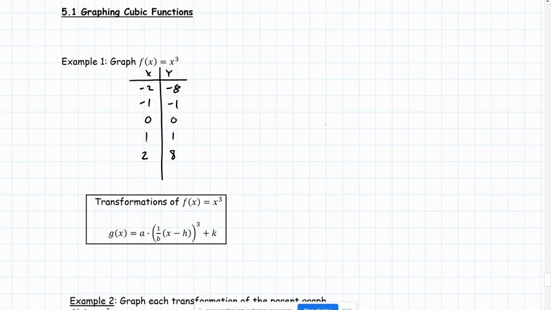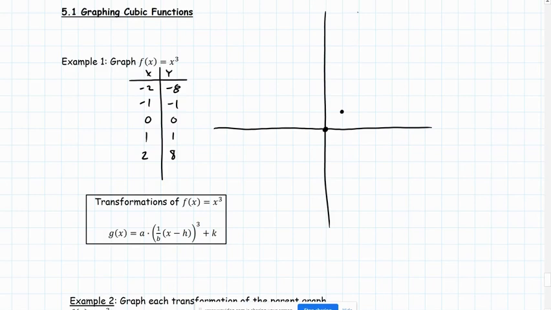And so our graph is going to go through 0, 0, 1, 1, 2, 8, and -1, -1, and -2, -8. And so our curve will look like that.